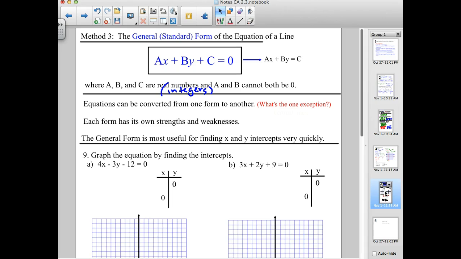We just graphed them. Vertical. Because the other forms have a y equals mx type of equation, right? Meaning it has to have a slope and it has to have a y. A vertical line doesn't have a slope and it doesn't have a y. So it can't be written in that form. So vertical lines are always considered in general form.